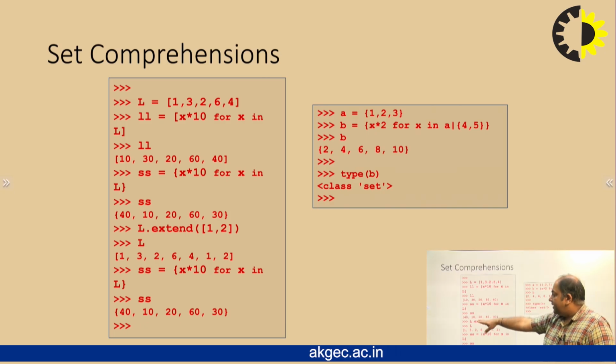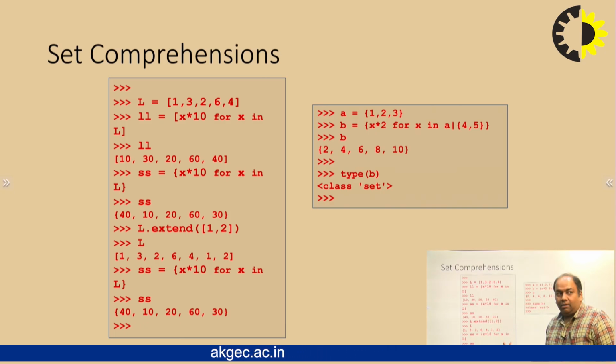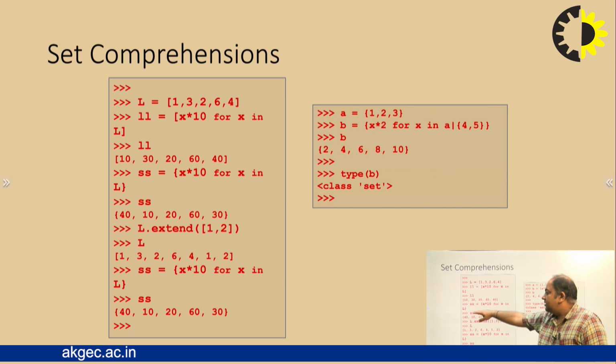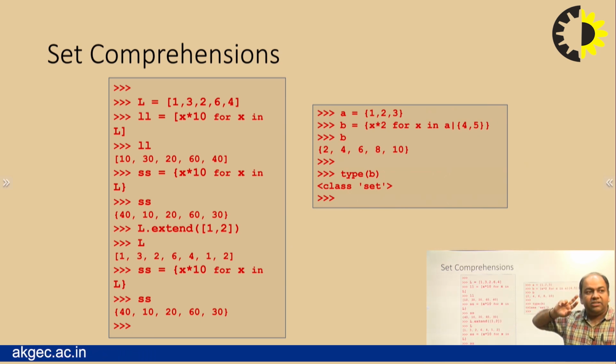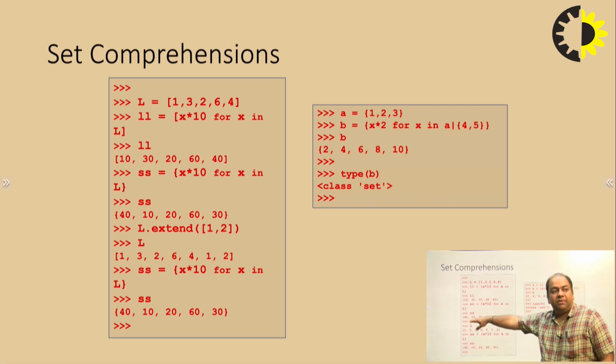When we print the set, all of these will be multiplied by 10. But what is the difference between the first one in the form of a list and the other in the form of a set? The difference is only one: in the form of a list they are displayed ordered, and in the form of a set they are displayed unordered.